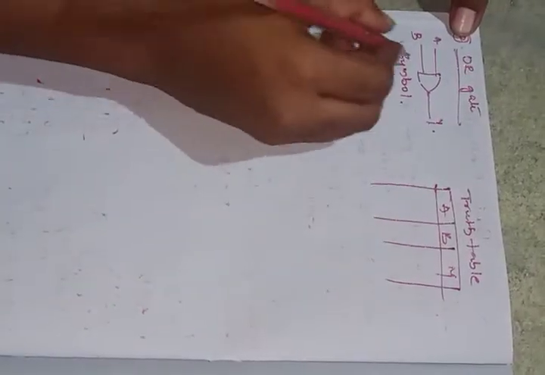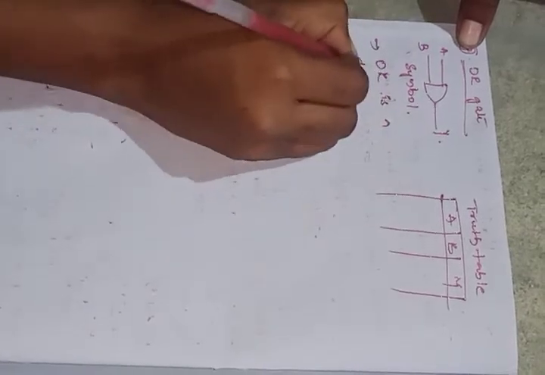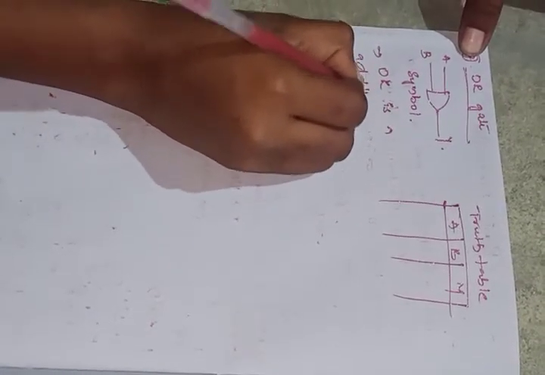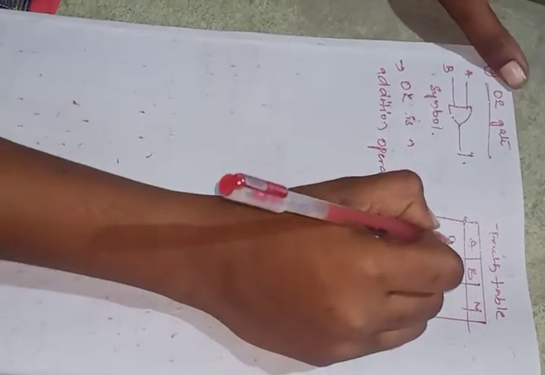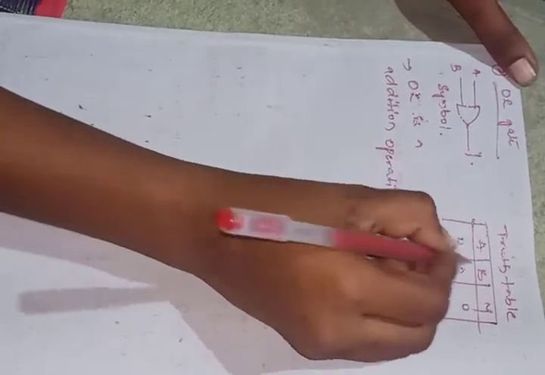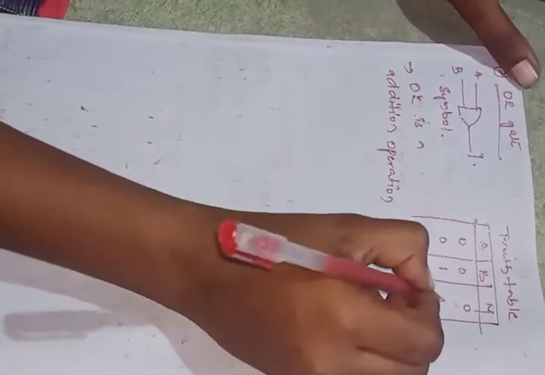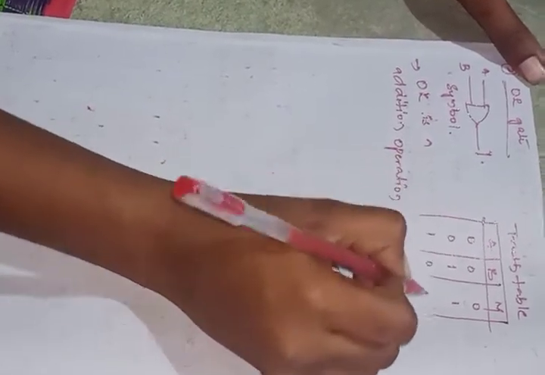This OR gate is an addition operation. Okay. If A is 0, B is 0, then the output is 0 plus 0 equals 0. If A is 0, B is 1, 0 plus 1 is 1. If A is 1, B is 0, 1 plus 0 is 1.